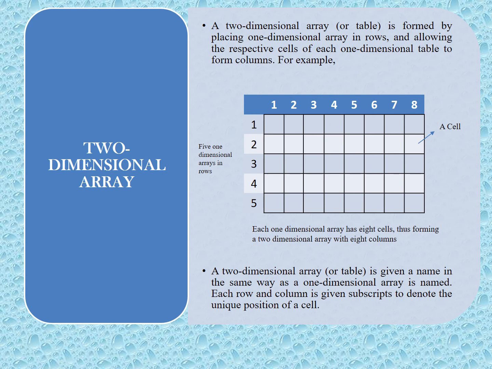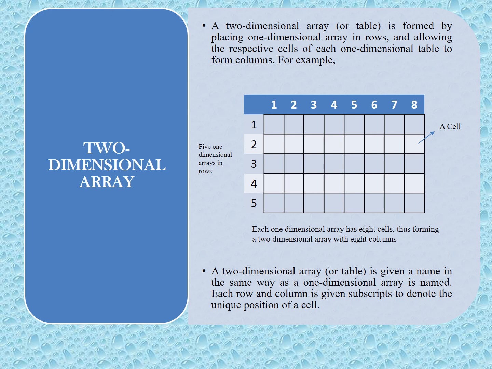Two-dimensional array. A two-dimensional array or table is formed by placing one-dimensional arrays in rows and allowing the respective sets of each one-dimensional array to form columns. The table below shows 5 one-dimensional arrays in rows. Each one-dimensional array has 8 cells, thus forming a two-dimensional array with 8 columns.